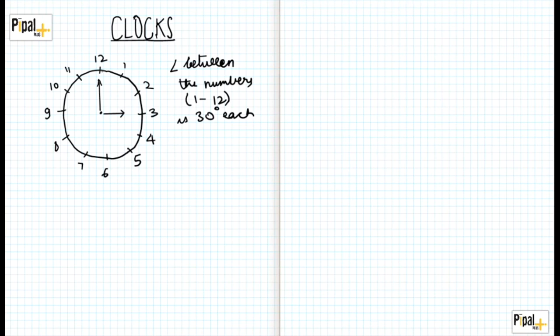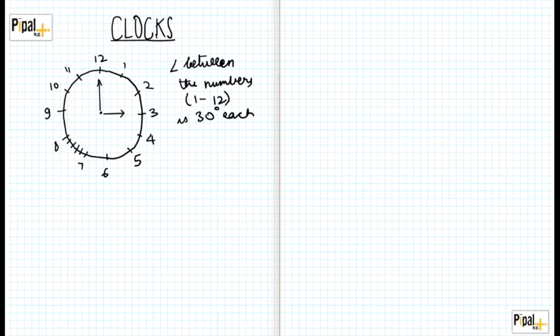Then every gap between two consecutive numbers is also further divided into 5 etchings, right? So if, let's say, we draw these here, 1, 2, 3, 4 and 5, the gap between 7 and 8 is divided into 5 equal parts.